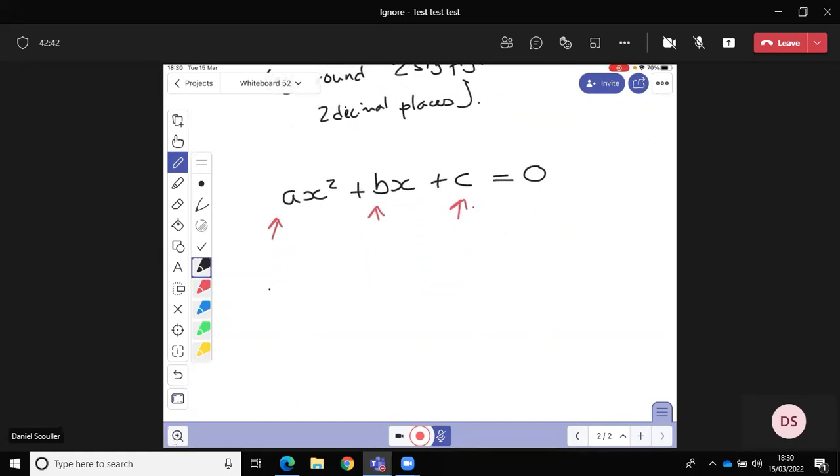So your roots, where it crosses the x-axis, sometimes referred to as solutions, are found with the following equation.